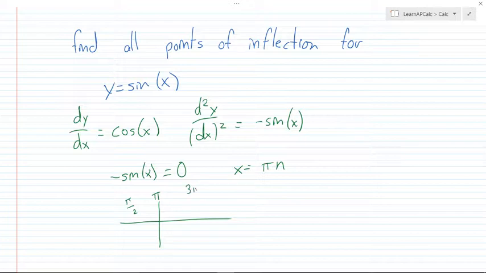So pi halves and 3 pi halves is easy. I'm sorry, this should be down here. This is what x equals. And this is what our second derivative is equal to.